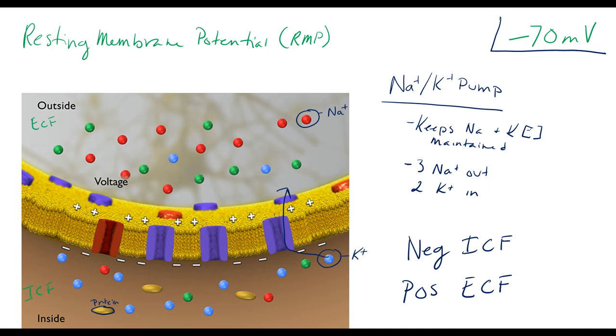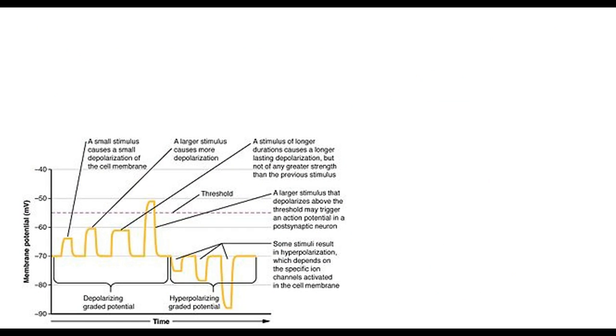Right now, when a signal reaches a cell, there are 2 types of potentials that could happen. The first one we're going to talk about is the local potential. These local potentials occur when a neuron is stimulated by a ligand, and that ligand binds to a receptor.